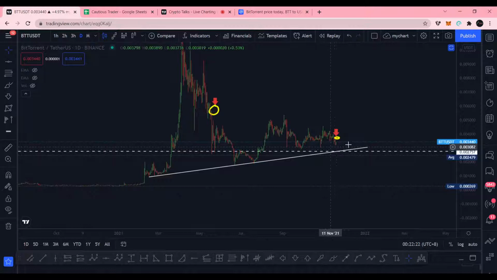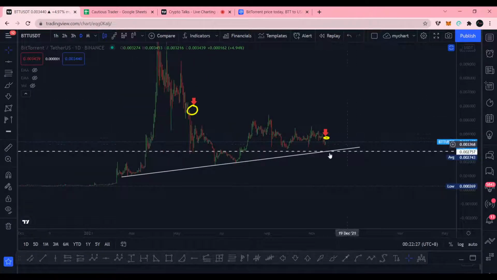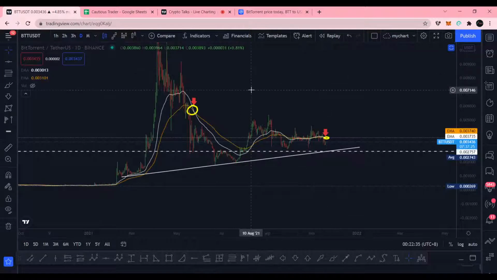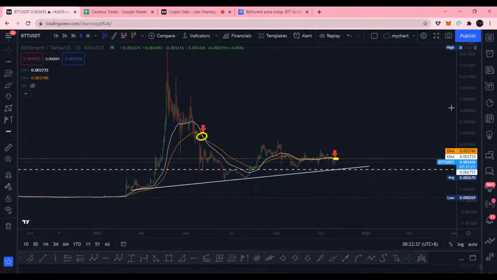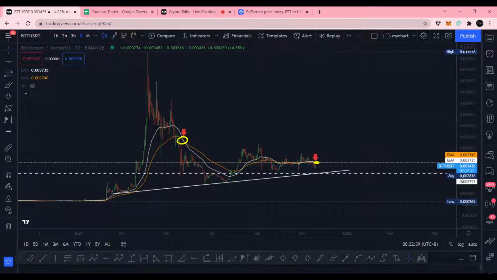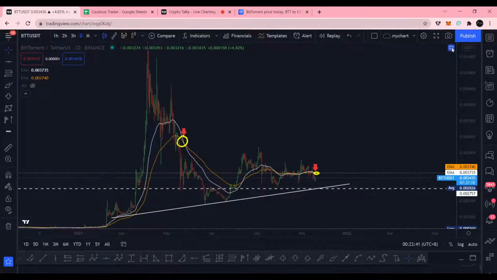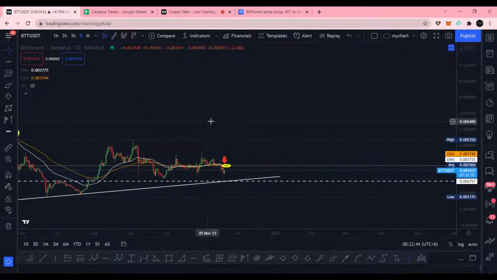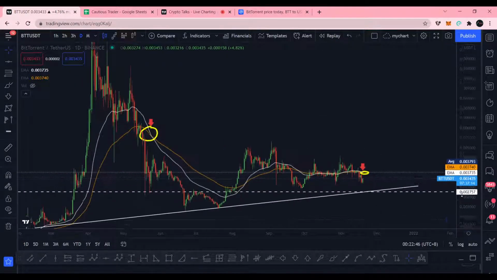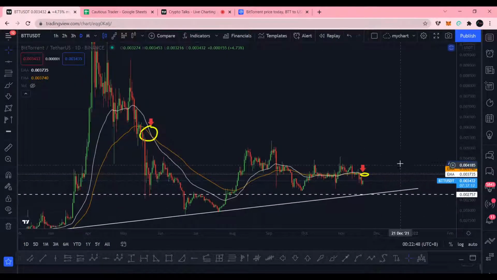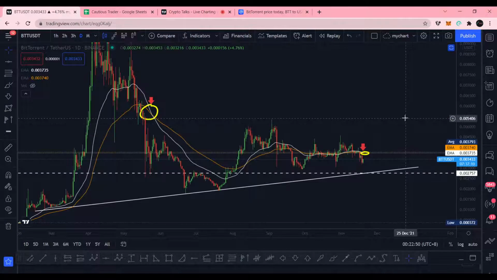So that's my first possible entry point. Let's bring back the dead cross, though it's not very visible. So yeah, I think that's it.